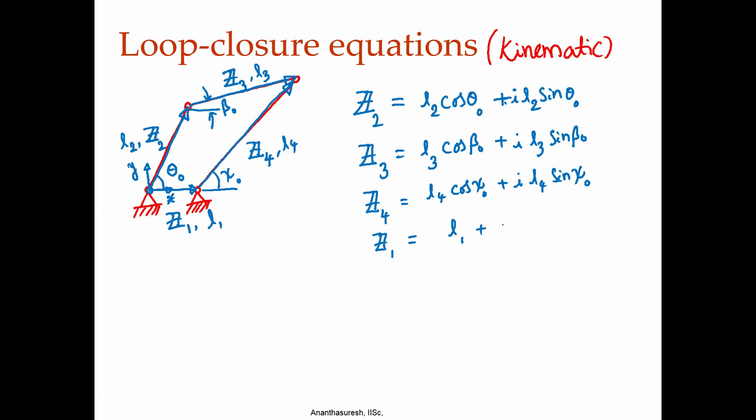So, it will be i times 0. Okay. So, that is basically not there, right. Now, we have the 4 vectors represented like complex numbers.